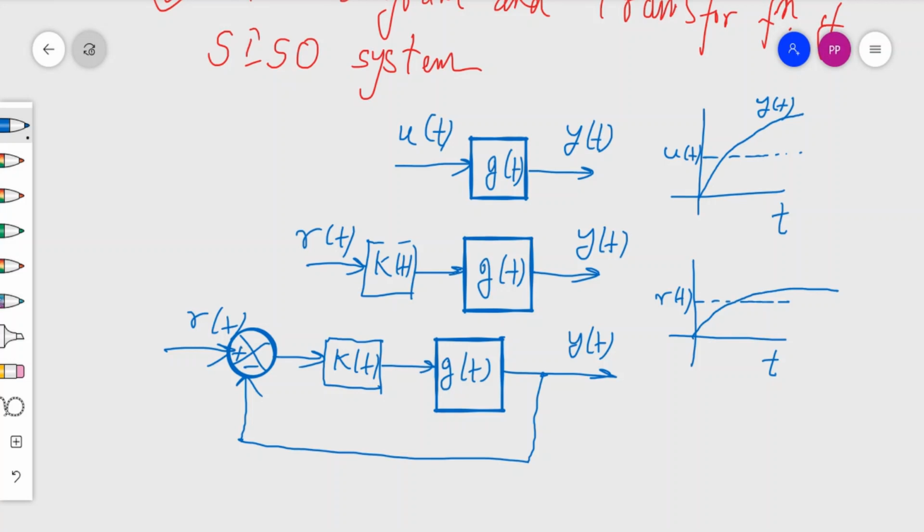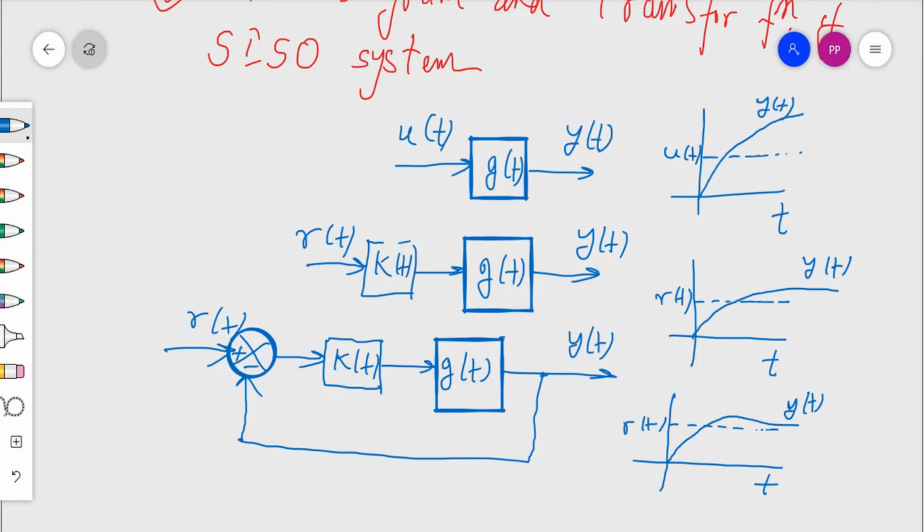In such a case we can have an improved response of the system. This is the desired input, that is the reference, and we get an input r(t) and a response y(t) like this. So this is what we have learned in our previous classes.